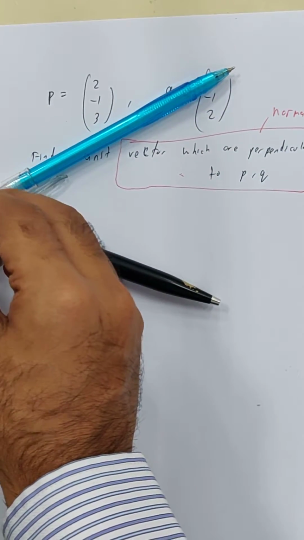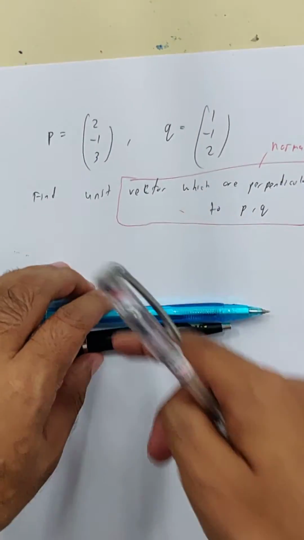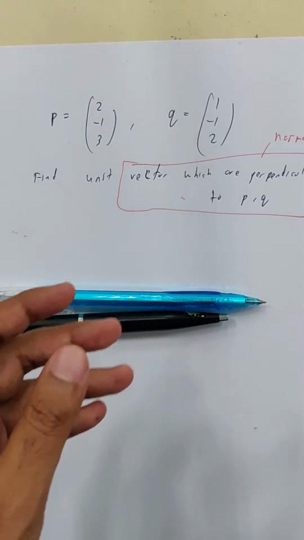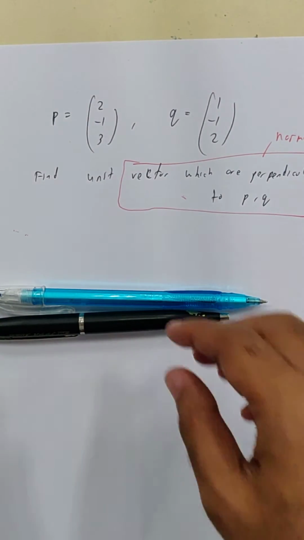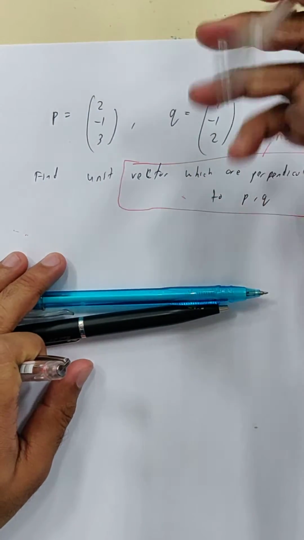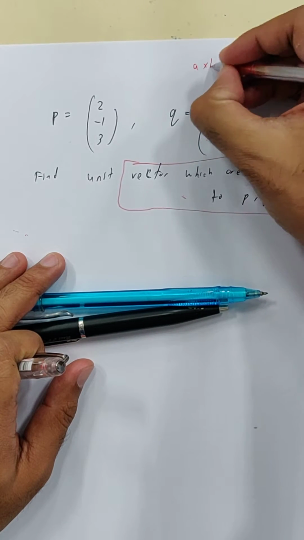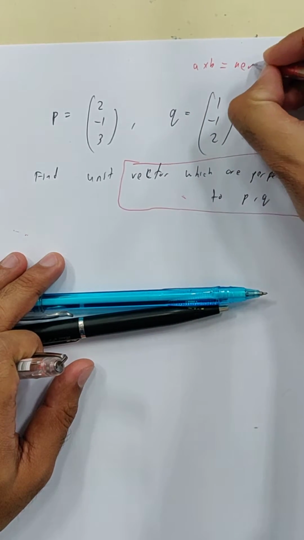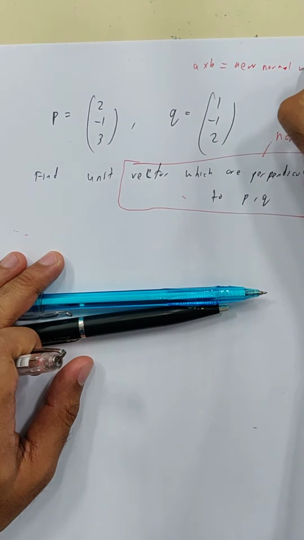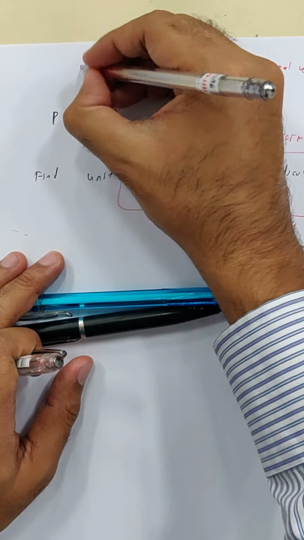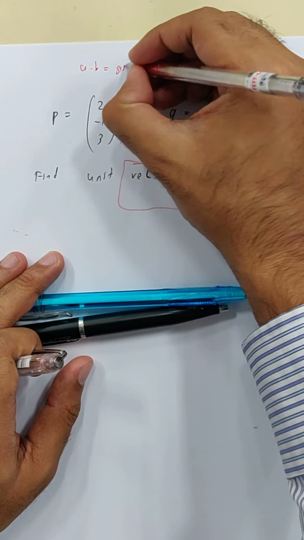And remember one thing, A cross B will give you a vector, A dot B give you just a number. Let me try one more time. A cross B give you new normal vector, A dot B give you a number.